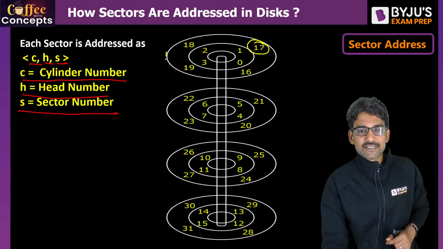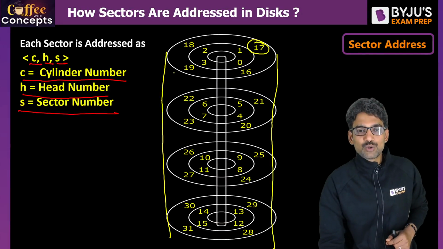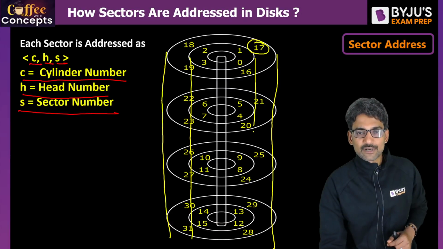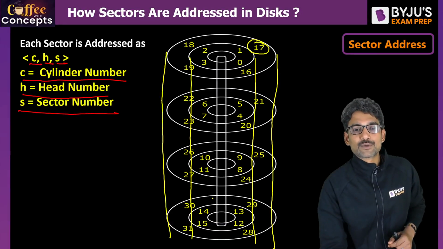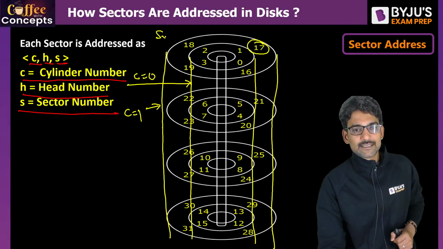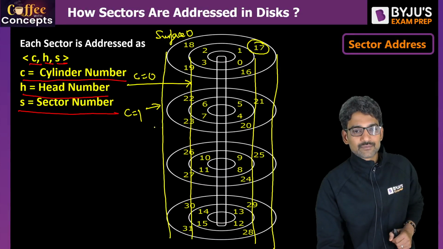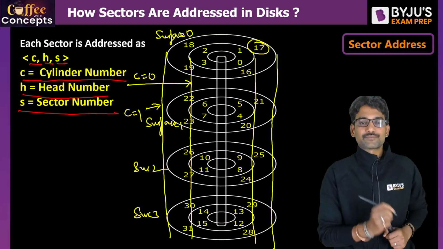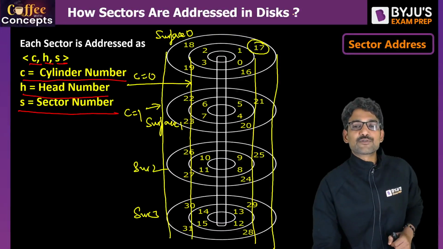Which cylinder is it in? I have taken two tracks on every surface, so this is going to be cylinder 0 and this is going to be cylinder 1. And these are surface 0, surface 1, surface 2, surface 3.